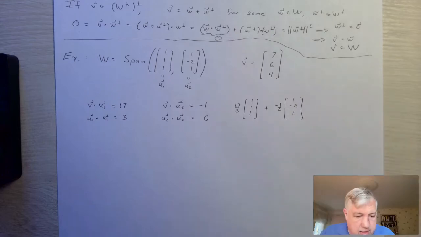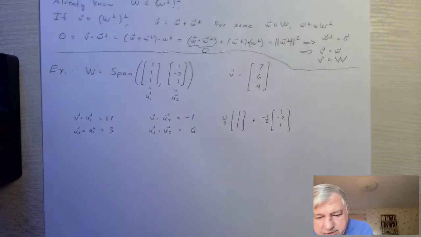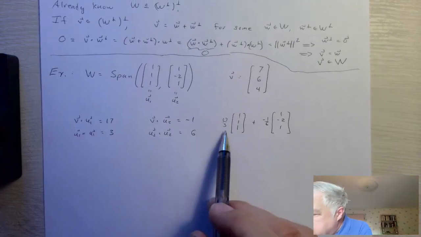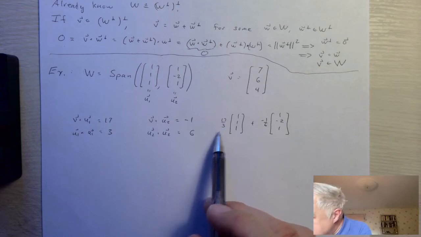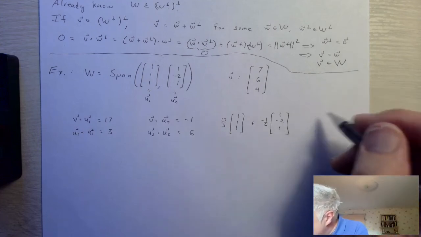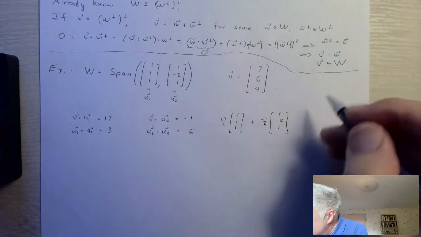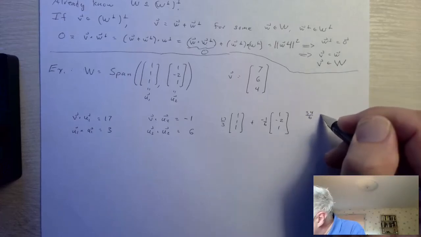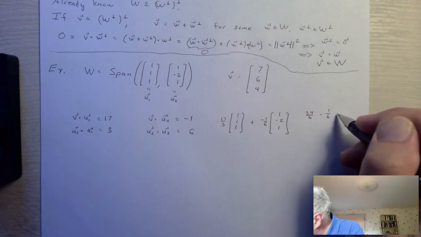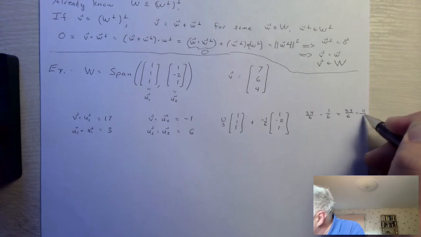Okay, and then if we do the fractions very carefully, we can write 17 thirds as 34/6. So we take 34/6 minus 1/6, that's 33/6, which is 11 halves.